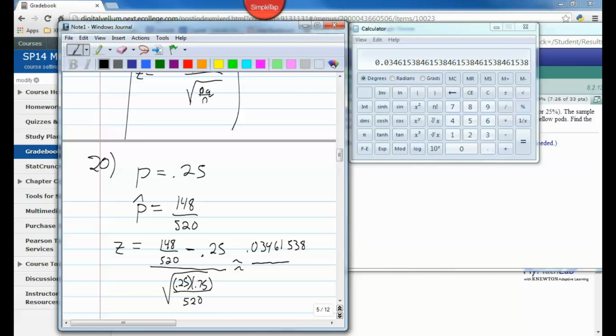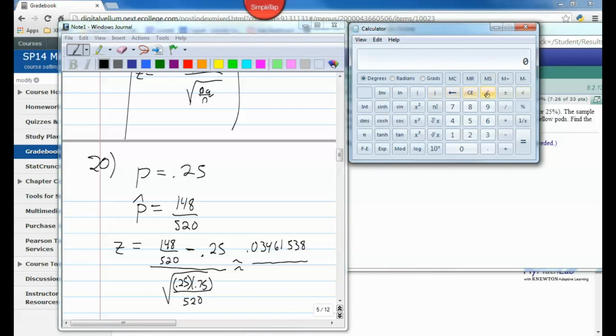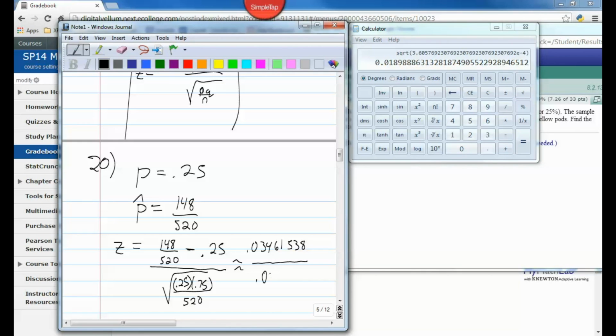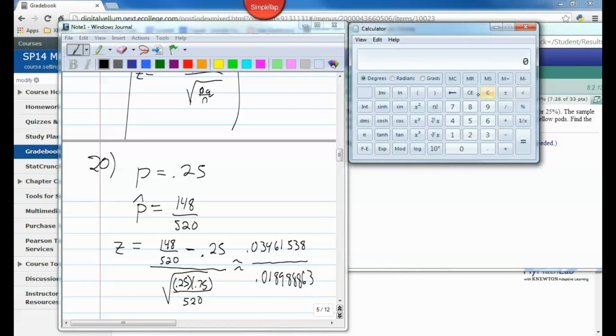Over, now I have to calculate this. So 0.25 times 0.75 equals this, divided by 520, and then I have to take the square root of that. So you see that gives me a really long decimal as well, so I'm going to copy it down to several places. 0.018988863. So now I'm going to divide these.